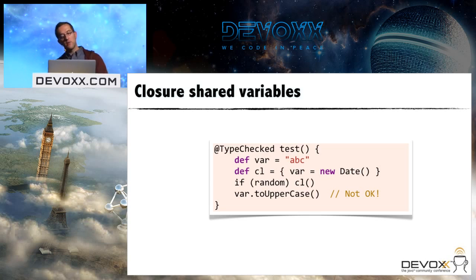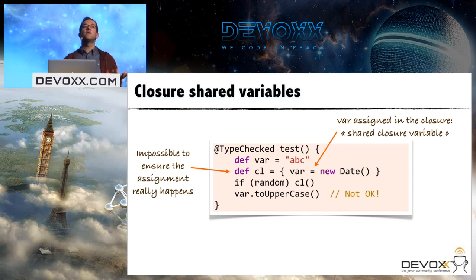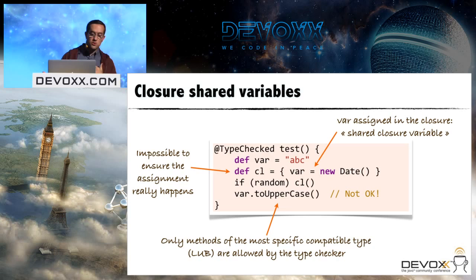Perhaps the variable is going to contain a date, or perhaps it's going to be a string. For those things, the compiler will complain because the variable is shared, and there's no way the compiler knows at compile time whether it's a string or a date. So it's going to complain here because it cannot be sure that it's a string, so it cannot call toUpperCase.